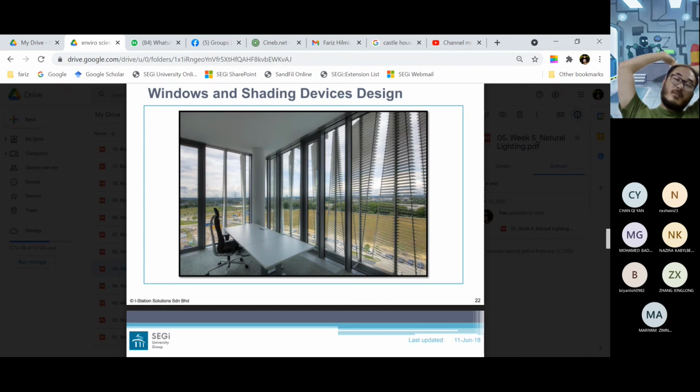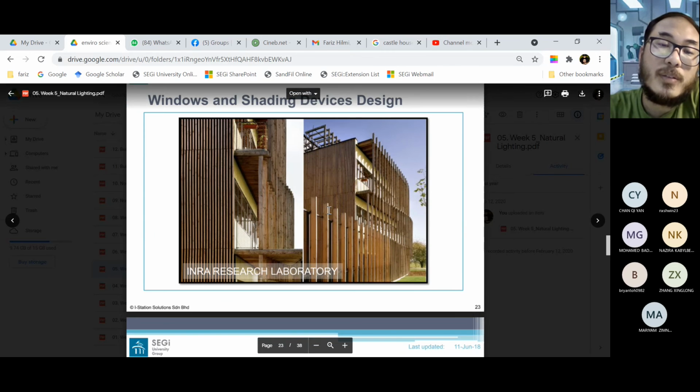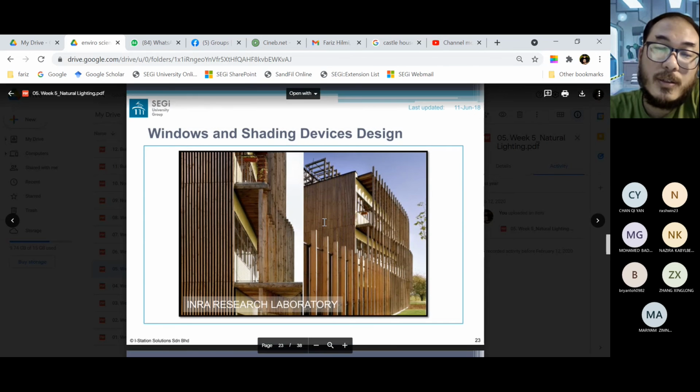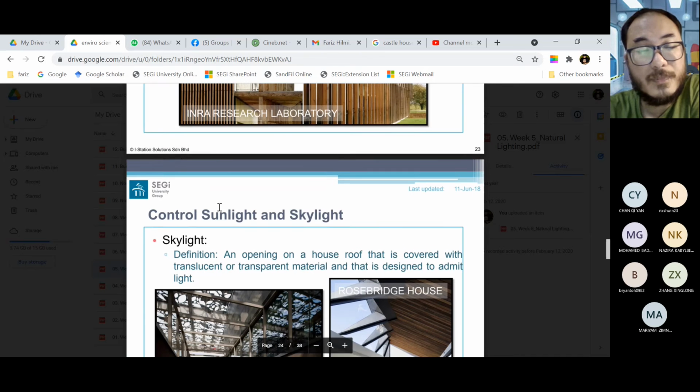But it is the most efficient, because when you need to see a very nice view, you just adjust the angle of your shading device. If you need privacy, just close it fully. Then windows and shading device design based on timber material also can be done. There are many ways to design this.